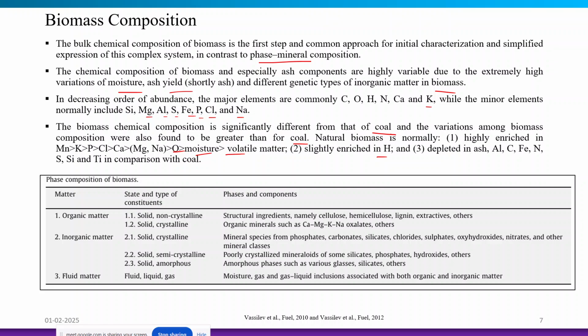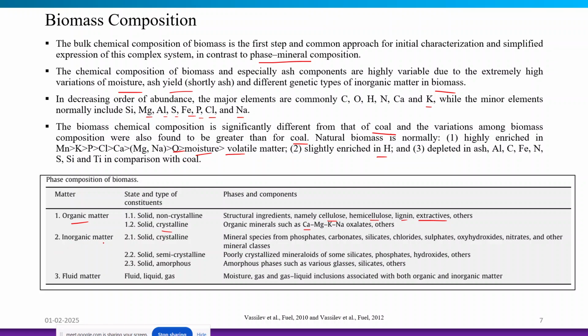When we do the phase analysis of the biomass, considering the organic matter, we have solid non-crystalline and solid crystalline. In the solid non-crystalline, we have cellulose, hemicellulose, lignin, and their extractives. Coming to solid crystalline organic matter, those are some oxalate forms of calcium, magnesium, potassium, sodium. These oxalate forms are solid crystalline in nature.